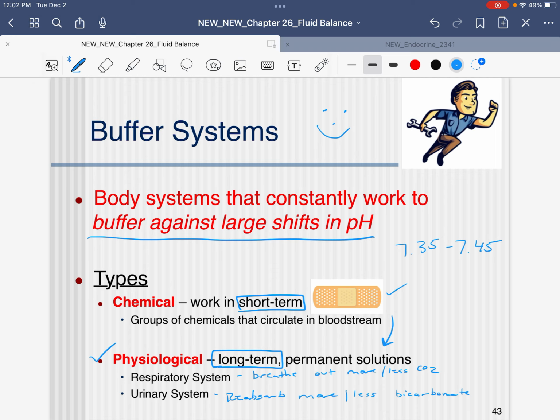So what is a chemical buffer system? A chemical buffer system is a group of chemicals in the bloodstream, and all they do is help to, in the short term, regulate pH. Their only job is to regulate pH.